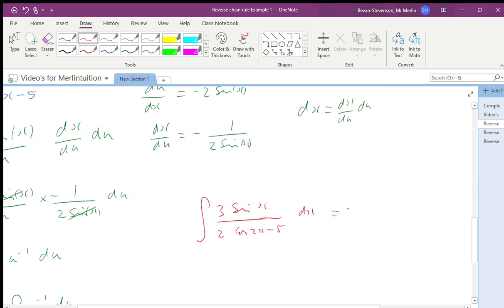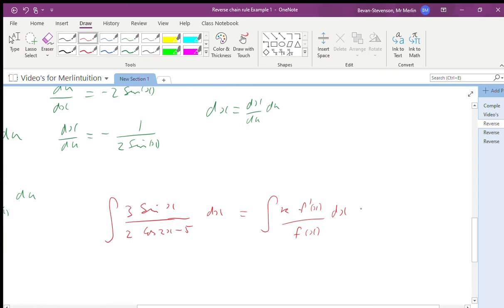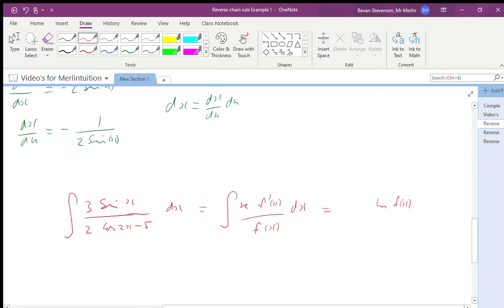We could have realized that we have the integral, and this time it's not exactly the same. It has some constant k times f dash of x over f of x dx, and in this case that's going to become ln f of x plus c, and we're going to have to take into account our constant here.